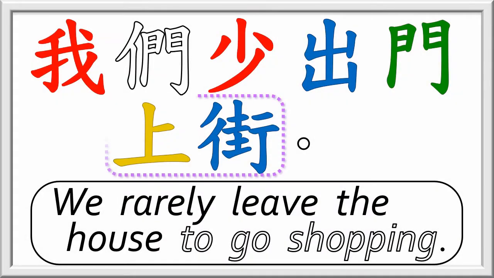But if we reverse the order and say 上街, 上 becomes a verb meaning to take to the streets, such as for a demonstration, or simply to go shopping. 我们少出门上街. We rarely leave the house to go shopping.